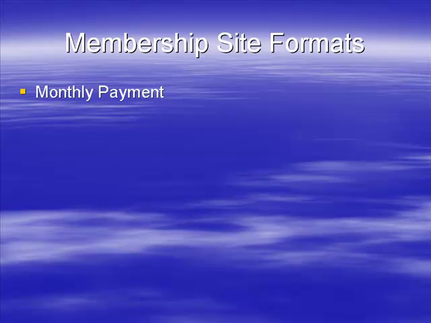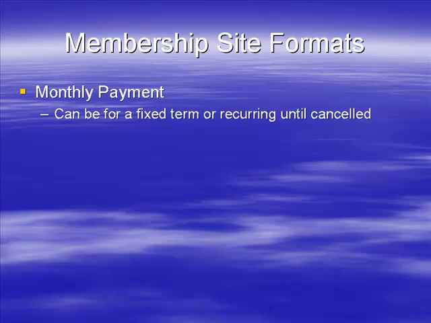Now, the next option is monthly payment. Fixed term memberships can often be monthly payments, but they are for a fixed term. Monthly payments often tend to be pretty much until they're cancelled. So it could be for a fixed term, or typically in the example here, it's recurring until the buyer leaves your site.